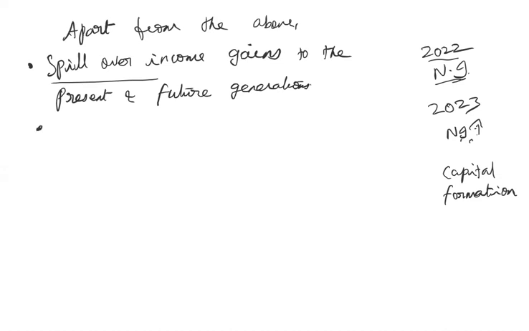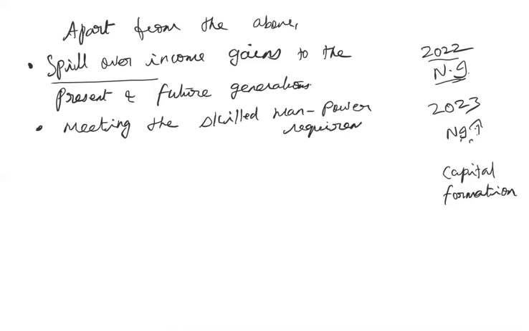And the next, meeting the skilled manpower requirements, so this extra income can be used for that. Manpower requirements means depending upon the nature of each and every country, there should be a balance of all sorts of professionals in the country.